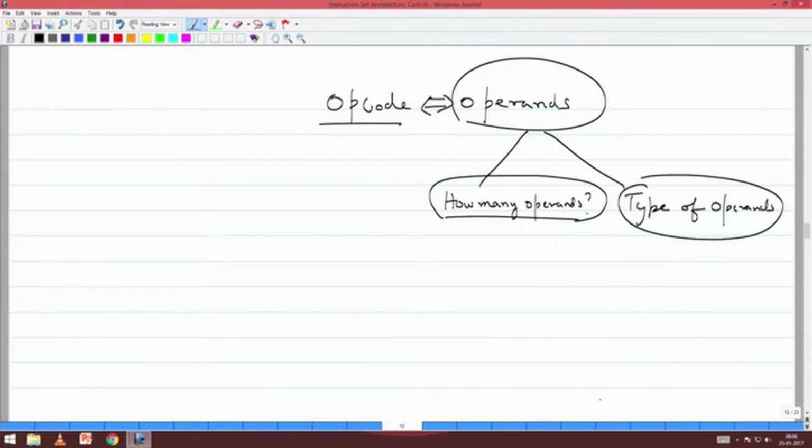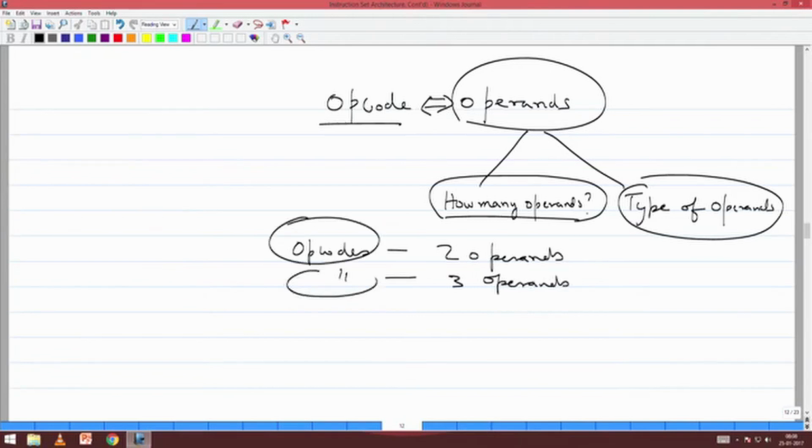Can I have some opcodes for which there are 2 operands, some opcodes for which there are 3 operands, and so on? If that is the case, and these sets are quite large, like some 30 different unrelated opcodes with 2 operands, and some 40 opcodes with 3 operands, then what would happen is, as I told you earlier, there are 2 levels of translation.